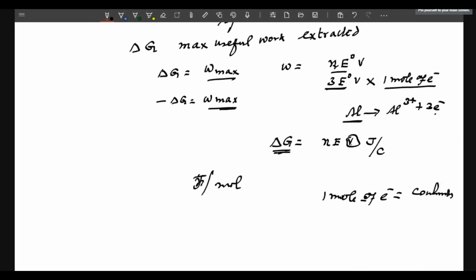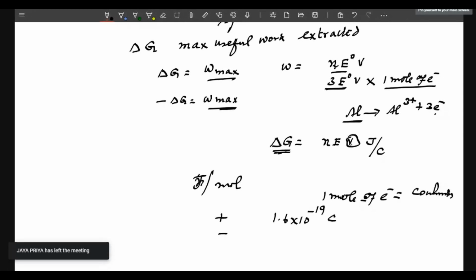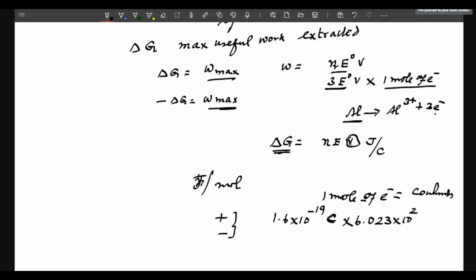Any charge, whether positive or negative, according to the SI unit is equal to 1.6 into 10 to the power of minus 19 coulombs. You have studied this. Therefore, for 1 mole of electrons, you multiply it by 6.023 into 10 to the power of 23. If you multiply it, you will get 96,475 coulombs. We convert it to 96,500 coulombs. That is equal to 1 Faraday.